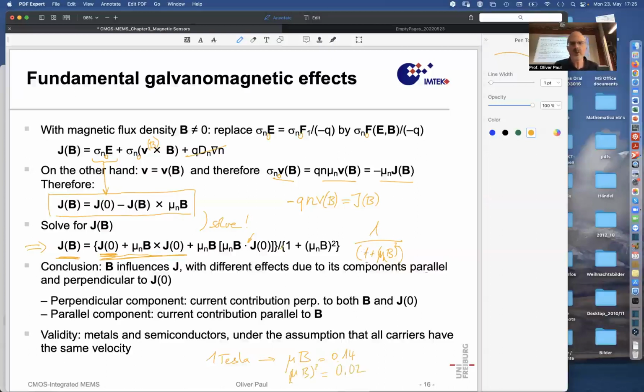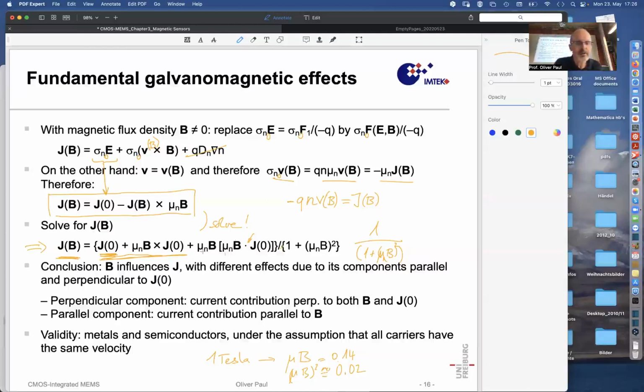So this modification is only 2% of 1. I hope I calculated this right. It's about 0.02. But you are correct. Yeah. Sure.